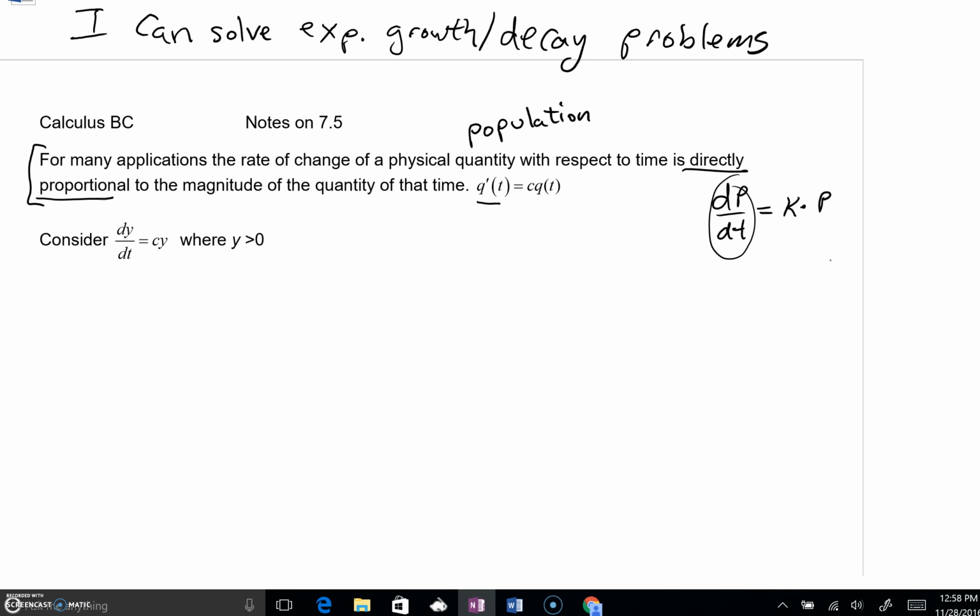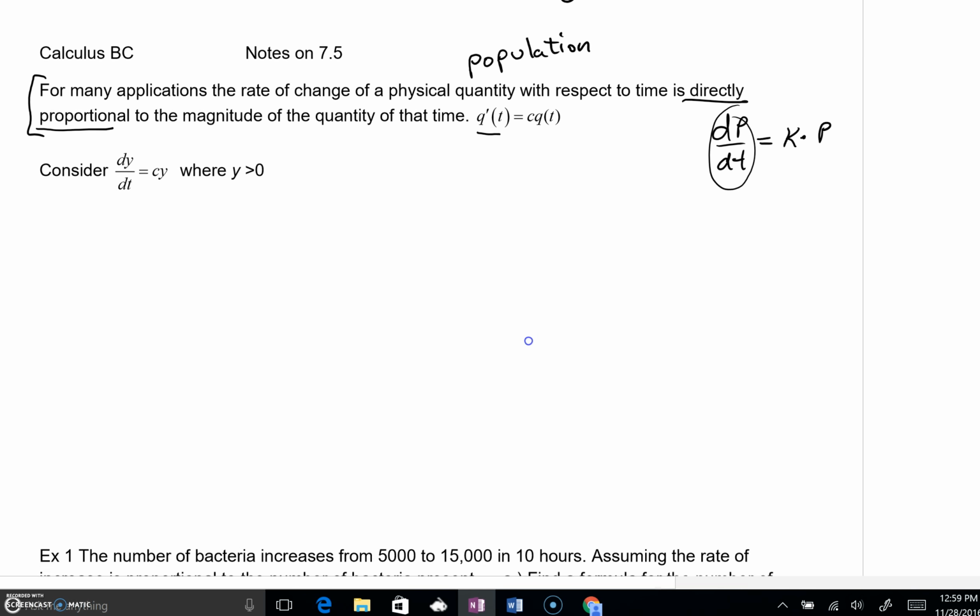And it's actually a differential equation that when you solve, you might be very surprised to see something jump out that you have seen before. Here's what I'm talking about. Let's just say that your population or your quantity is y. Let's also assume, very importantly, that y is positive.